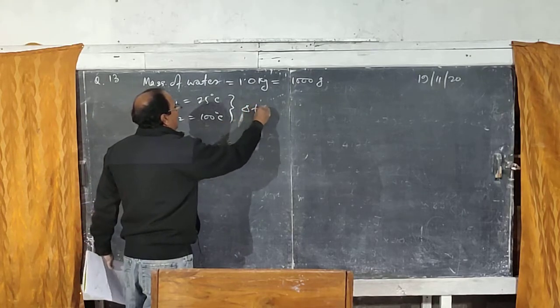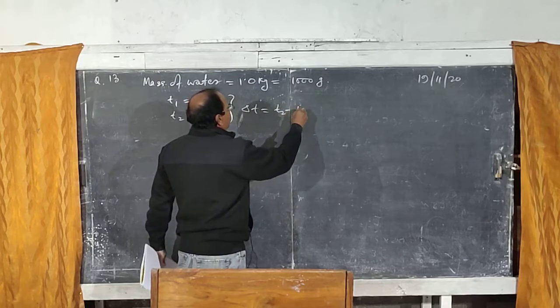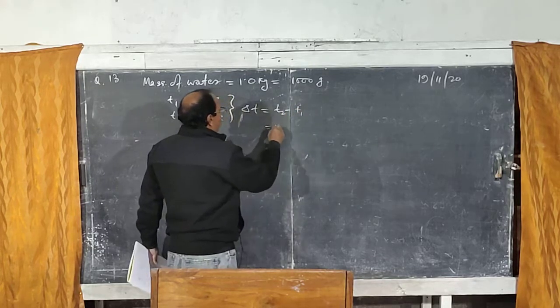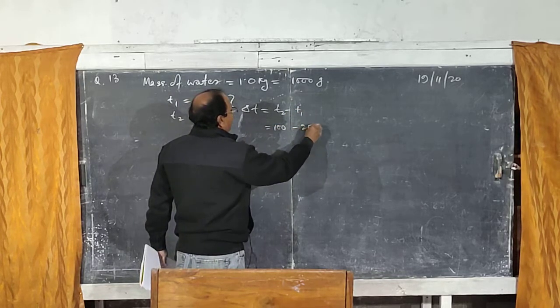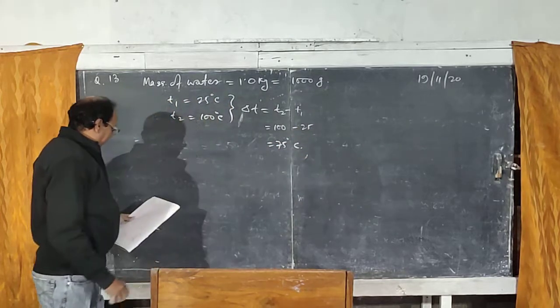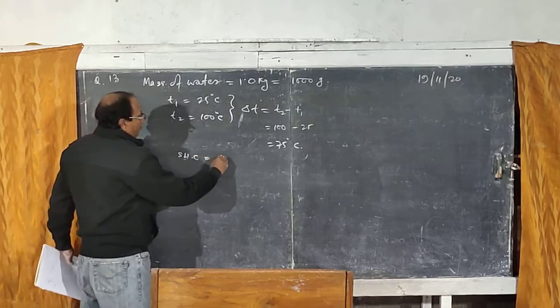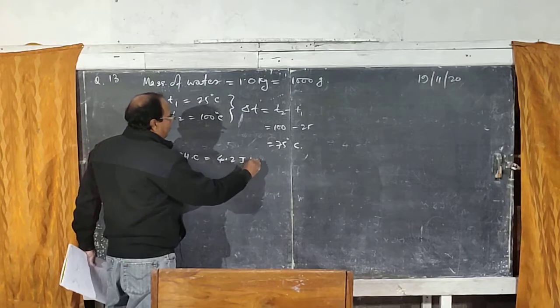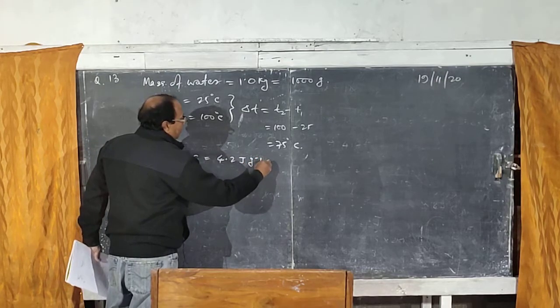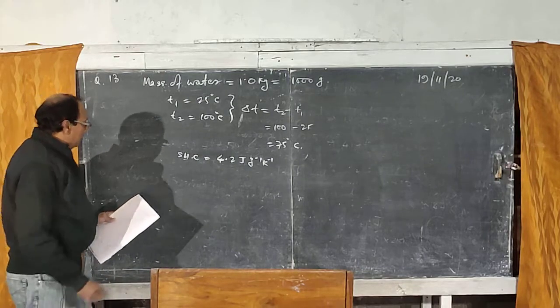So temperature rise delta T, you can write T2 minus T1 is equal to 100 minus 25 is equal to 75 degree Celsius, right? SHC is given 4.2 joule gram inverse Kelvin inverse, either Kelvin inverse or degree Celsius inverse, both are same.